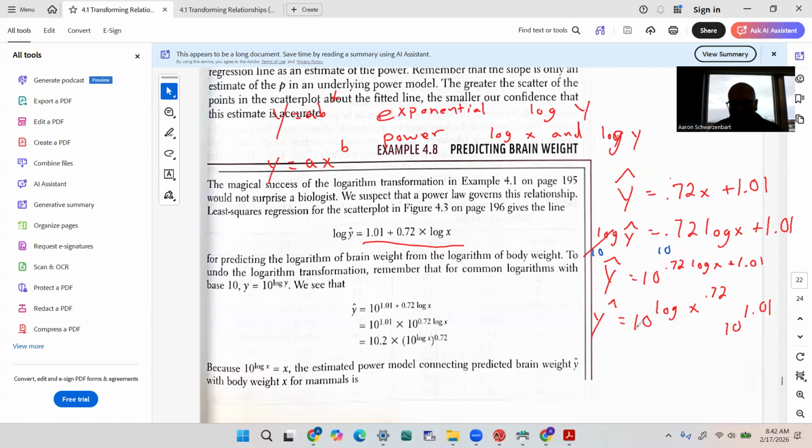Now, those are inverses, 10 to the log 10, giving me, I'm going to move this to the front.